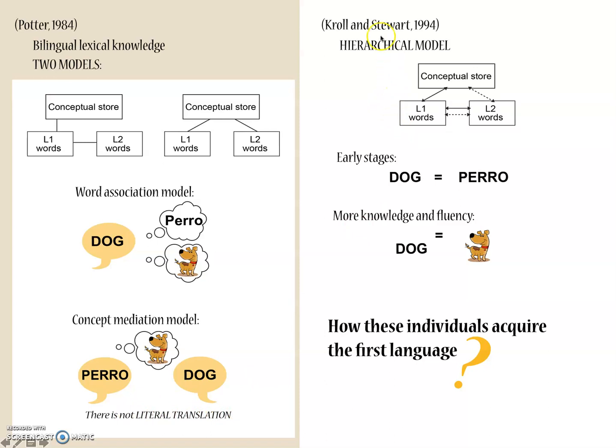But then Kroll and Stewart proposed the hierarchical model, which represents concept mediation and word association not as different models, but as alternative routes within the same model. According to this, in the early stages of second language acquisition, words are learned by relating them with the meaning in the first language.